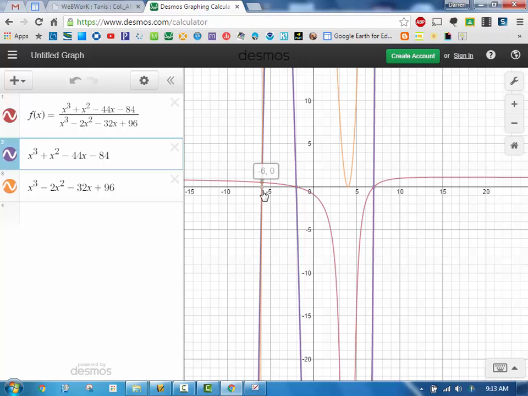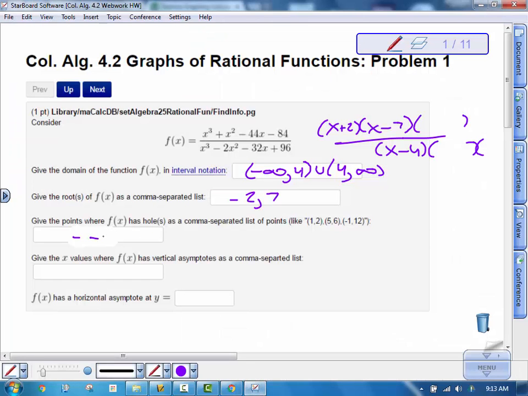If you graph the other one, that one goes through the point -6, 0 as well. So it turns out that -6, 0 is a factor in both, so x plus 6 must be a factor in both the top and the bottom. Those cancel, and that's considered a hole. So I didn't look at it closely enough. But they both do go through the point -6, 0, which means they both have the factor x plus 6 in the top and the bottom, and that's a hole.